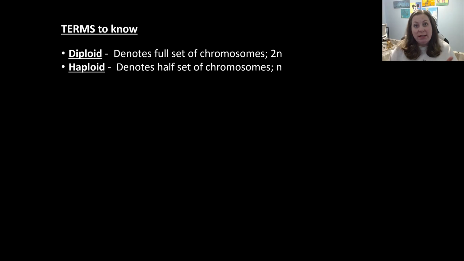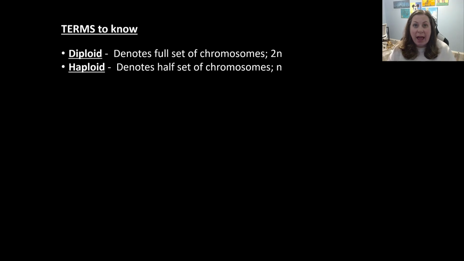Meaning you have one set from mom and one set from dad, and that's why you have 2n. So for us as humans, 2n equals 46. You got 23 from mom, 23 from dad, and that's what gives us our full set. Haploid, on the other hand, denotes that you have half the set of chromosomes, so only n. So again, in humans, this would be 23.